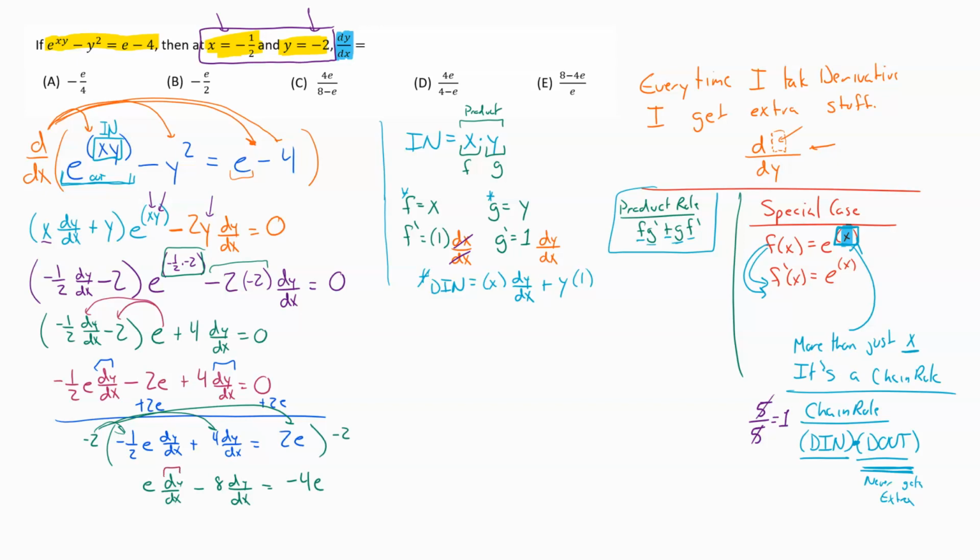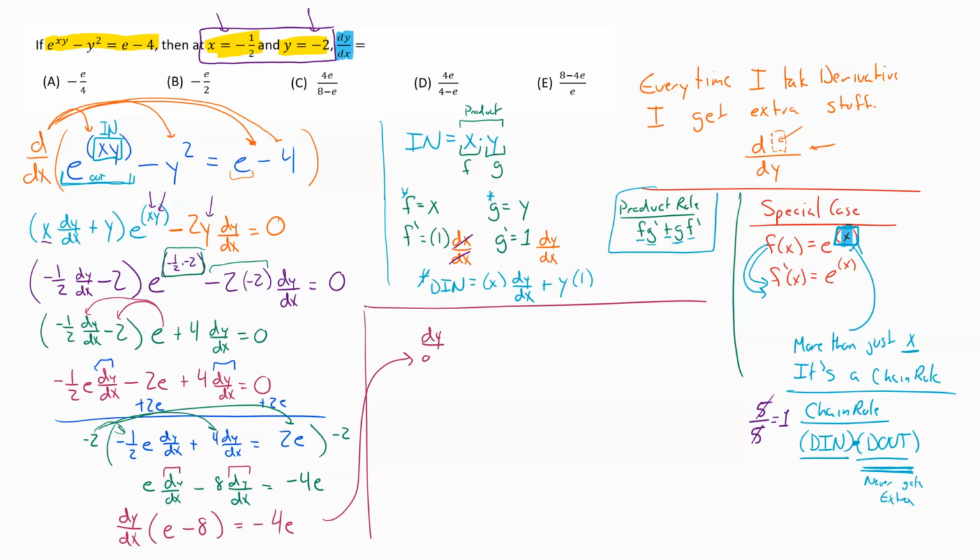Now that I've done that, this is why we get everybody to have a dy/dx on one side, is now I can factor a dy/dx out of everybody. So then that leaves me with e minus 8 equals negative 4e. And then we'll just bring this up here as we finish out this algebra because we're running out of room. We got just a little bit more to go.